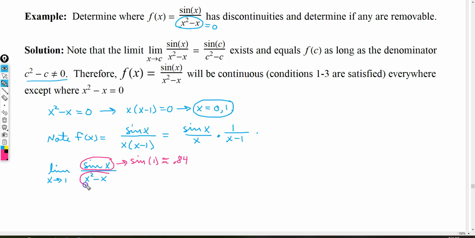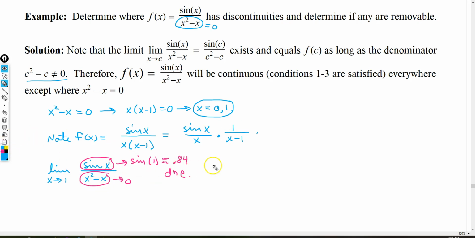However, the denominator is approaching 0. So this quantity will be approaching 0.84 divided by something that's getting very, very small. This is either going to be blowing up to positive or negative infinity, depending on which side you approach 1 from. So this limit is going to diverge. So therefore 1 is not a removable discontinuity. This limit fails to exist.